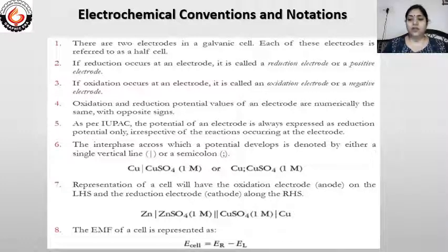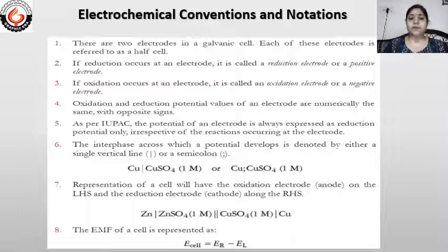Like if a copper electrode is dipped into copper sulfate solution, we show the half cell by writing Cu, a line or a semicolon, and copper sulfate next to it. In brackets the concentration is given. So this is a half cell.